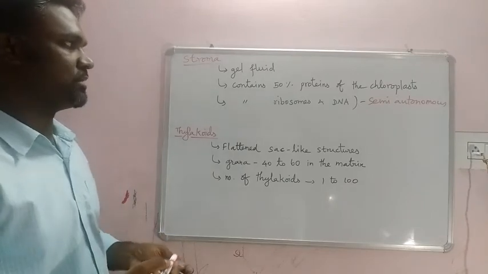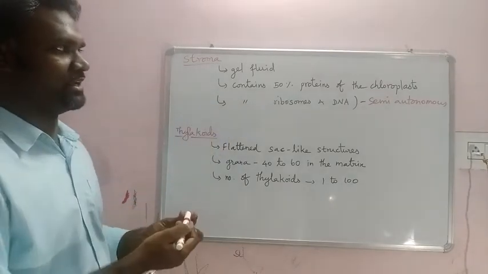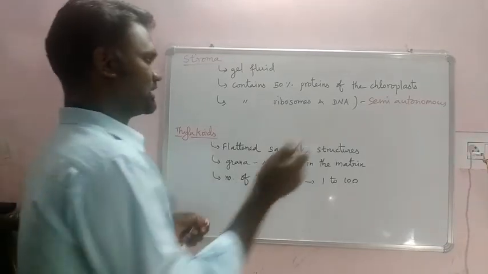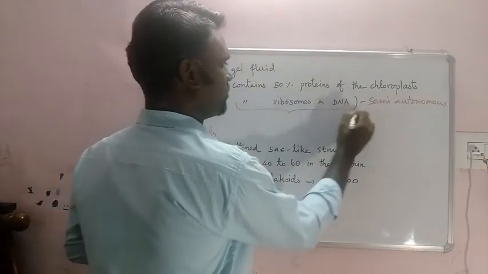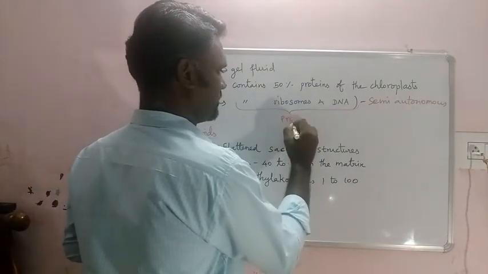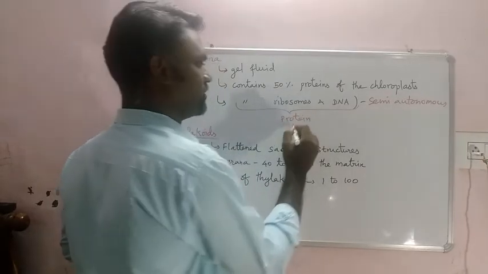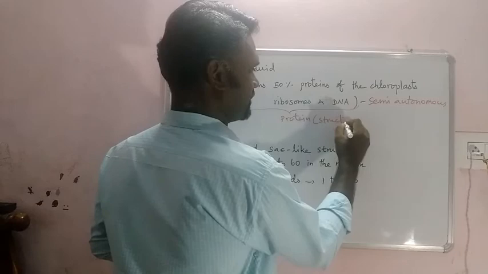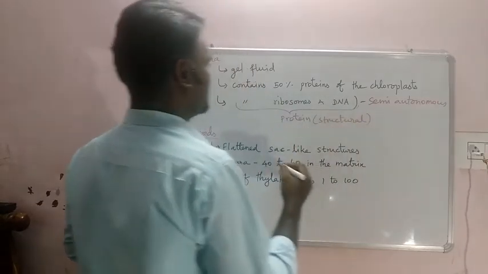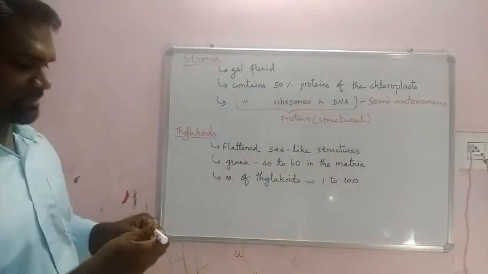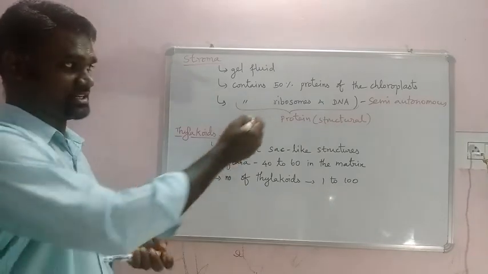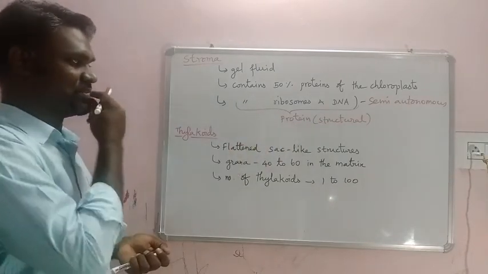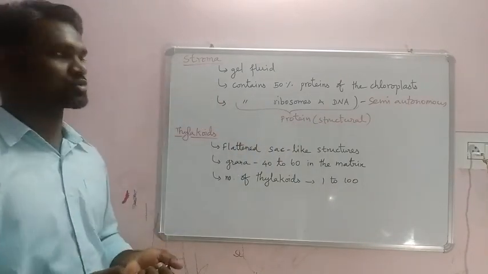As they have ribosomes and DNA, what is the result? They can produce their own protein, mainly the protein used for their structural arrangement, called structural protein. So with their own transcription and translation, they produce their own structural protein. This is the information about stroma.